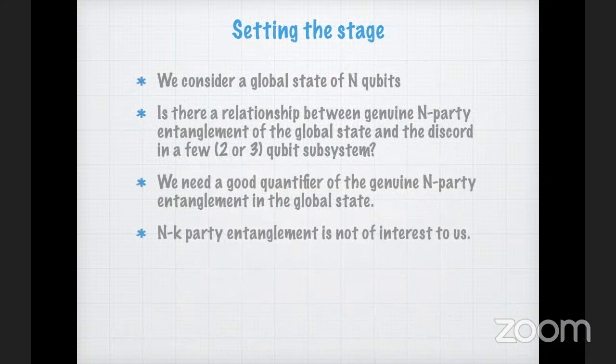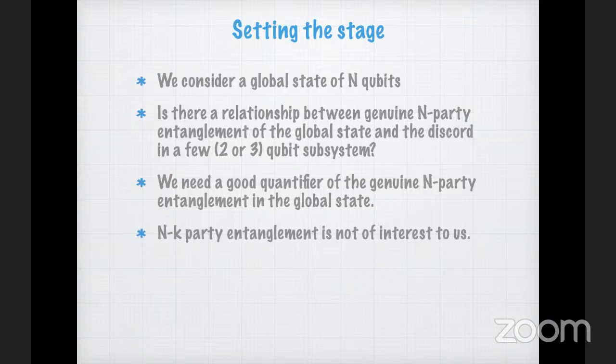So we set the stage by considering an analogous thing. We consider a global state of n qubits, and we are looking at a relationship between genuine n-party entanglement of the global state and the discord in a few, in our case 2 or 3 qubit, subsystems. Now, unlike in the kicked top case, we do not have a placeholder for entanglement.